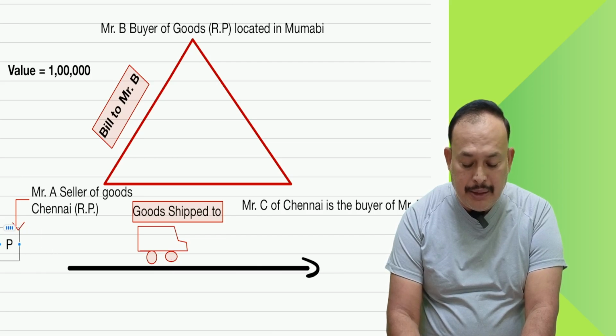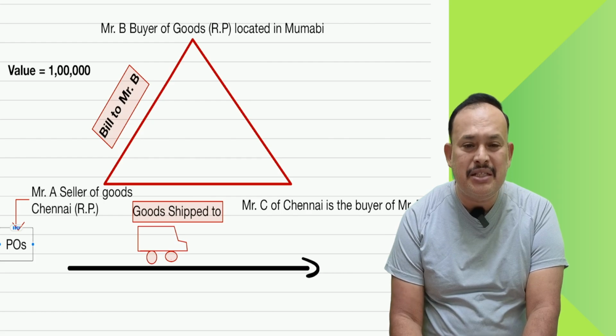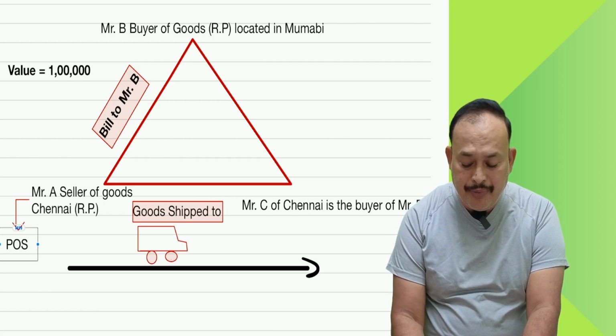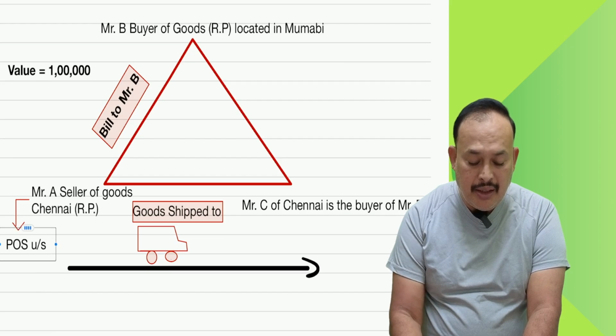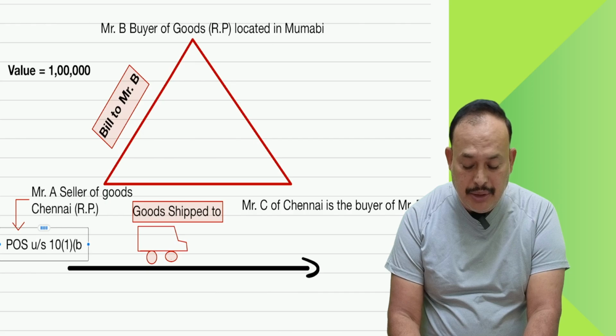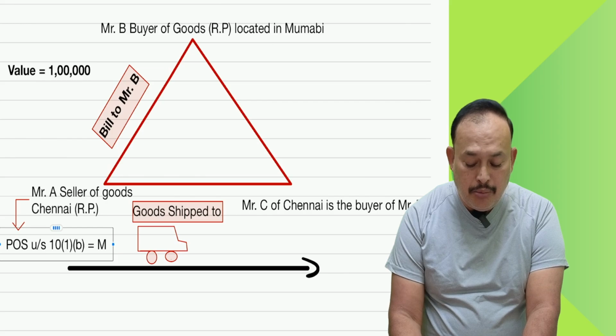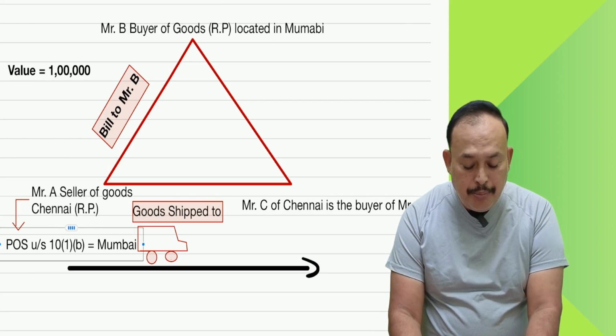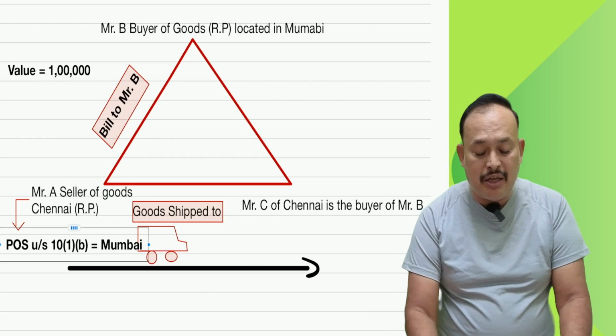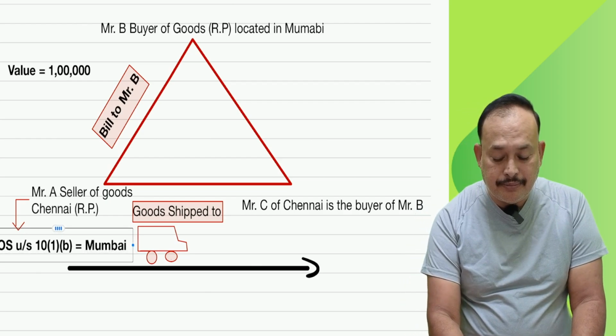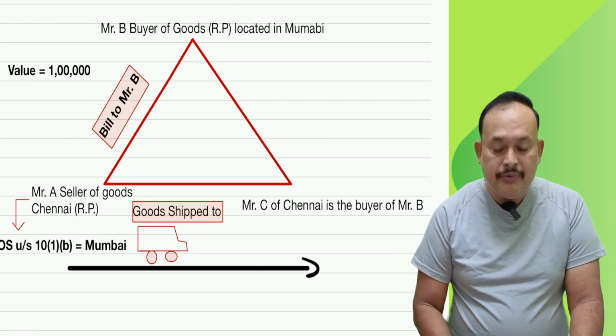Under section 10, subsection 1, clause B, the place of supply is Mumbai. Why Mumbai? Because it is the principal place of business of the third person.